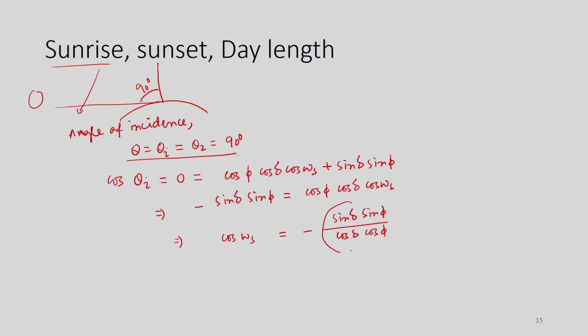This part, sine delta by cos delta and sine phi by cos phi, is nothing but tan delta and tan phi. So, cos omega s is minus tan delta tan phi, and omega s is the cos inverse of it.